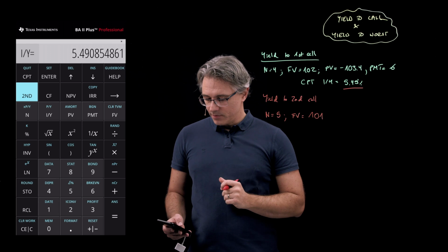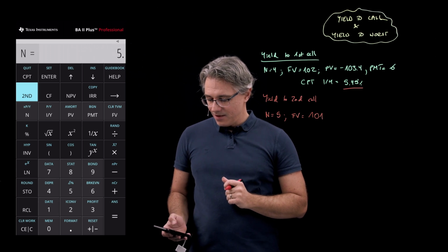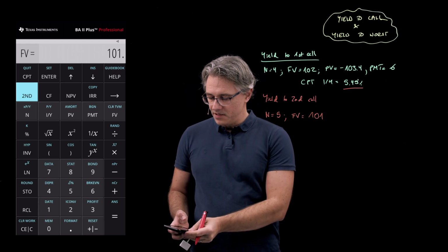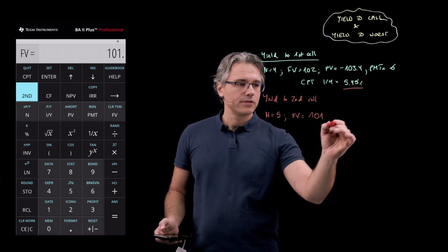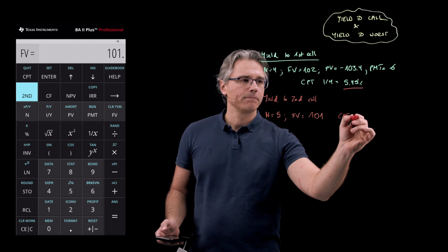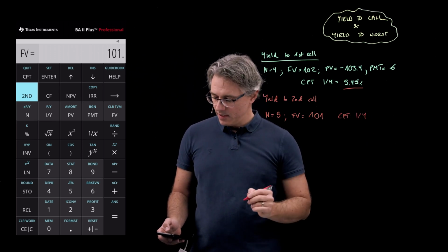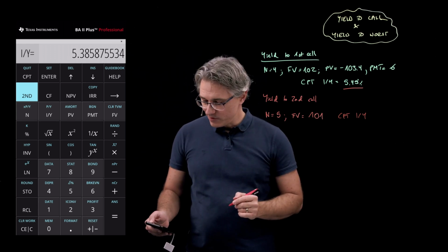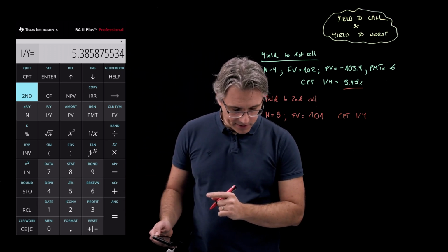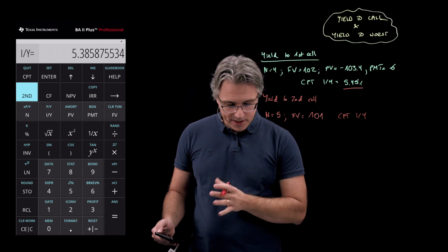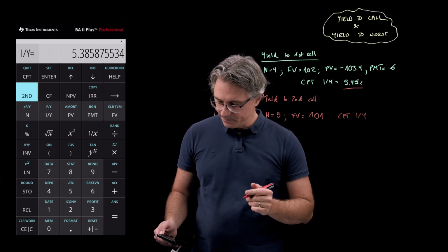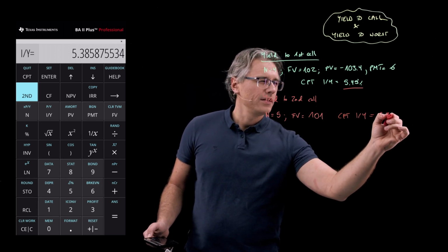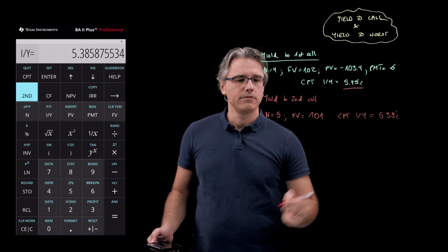So I'm going to have 5 for N, and 101, obviously positive, for FV, and recompute my I over Y parameter. And this gives 5.385, roughly. So 5.39%, let's call it that.